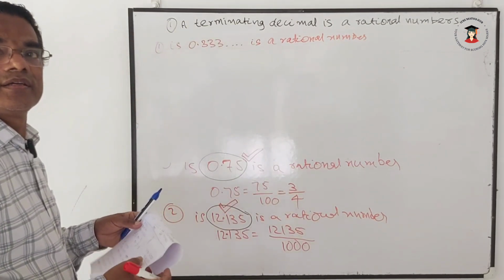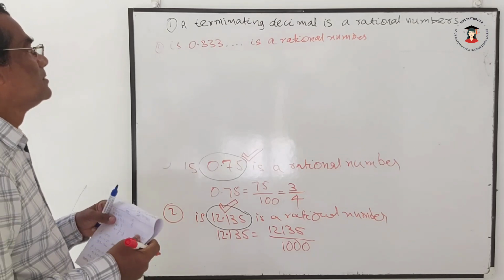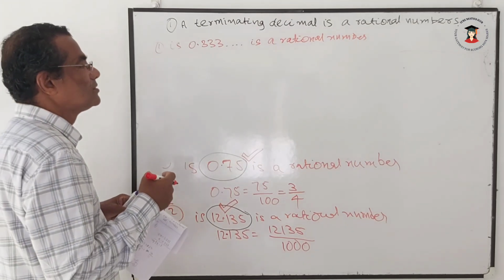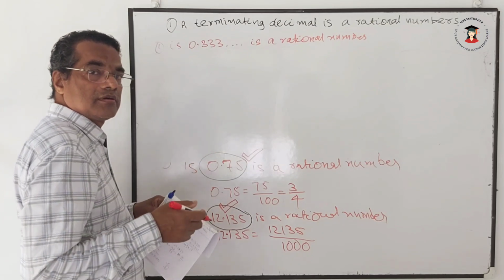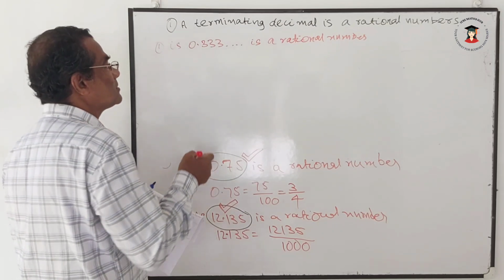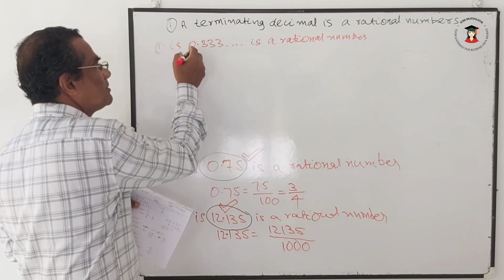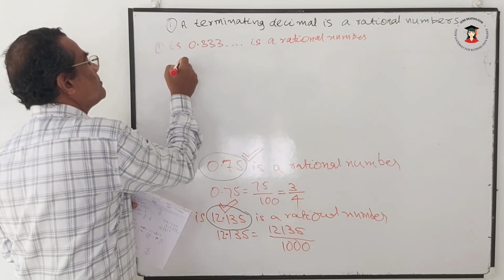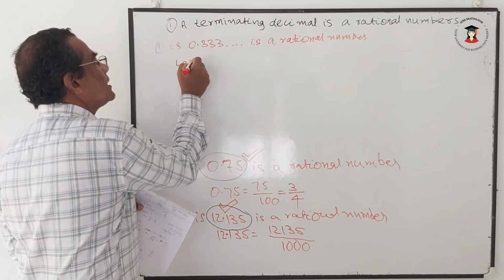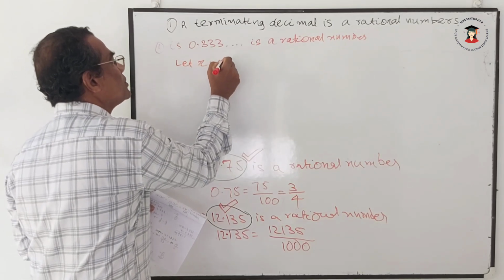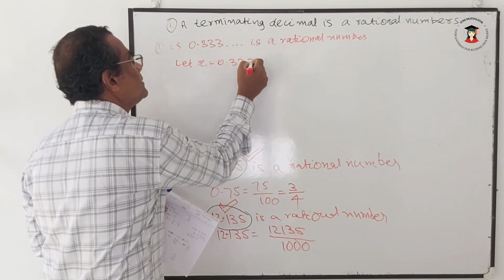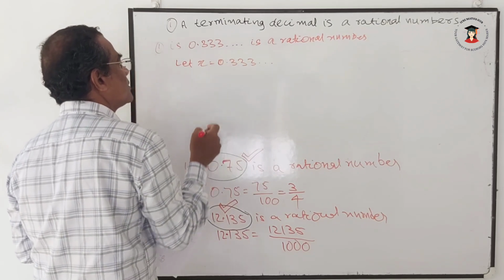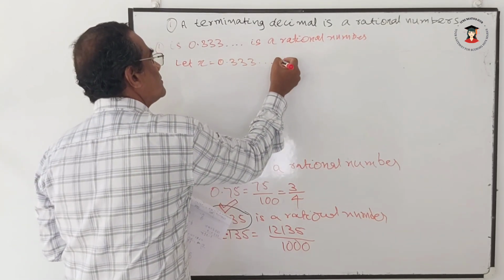You might have studied what I am going to say in your previous classes. So we need to check whether 0.333 etc. is a rational number. Let x be equal to 0.333 etc. This is equation number 1.